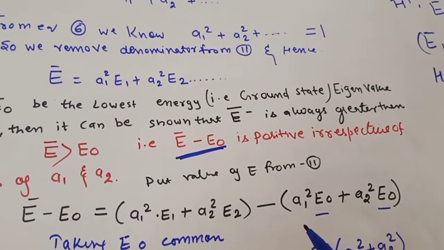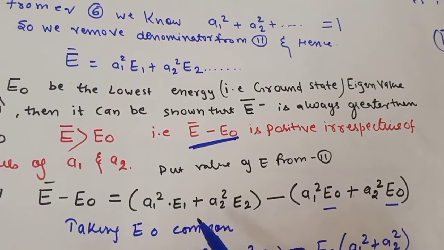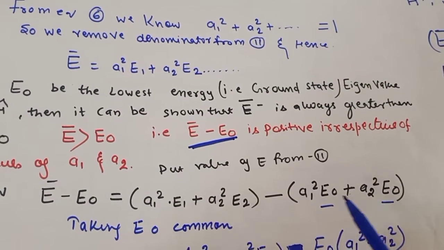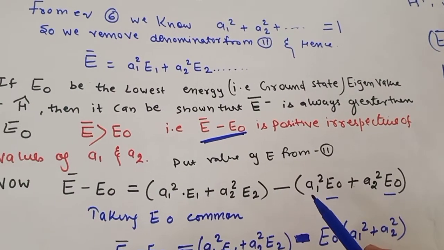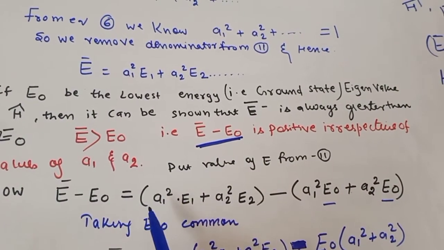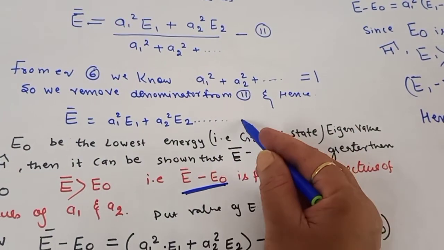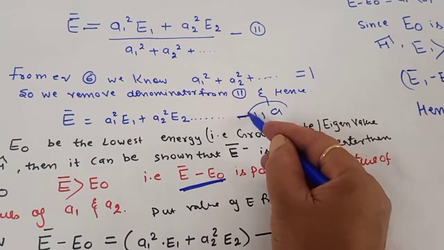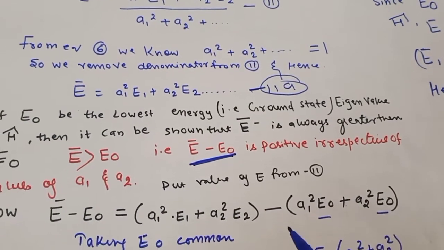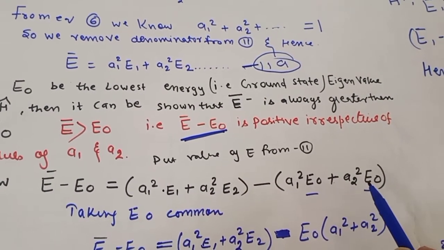Now we subtract E0. Both E1 and E2 can be written as E0 here, so we write E bar minus E0. This is the changed form of equation number 11, and we can write it as minus a1 square E0 plus a2 square E0.